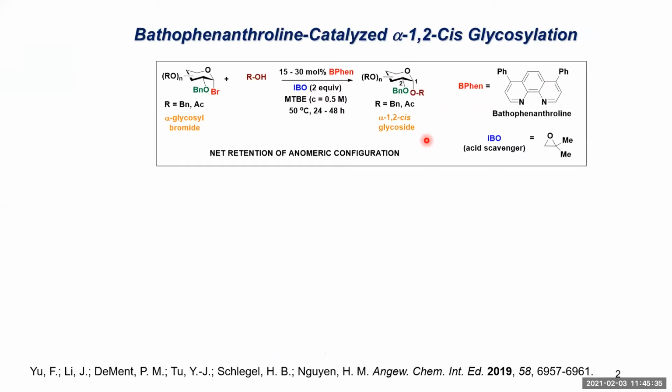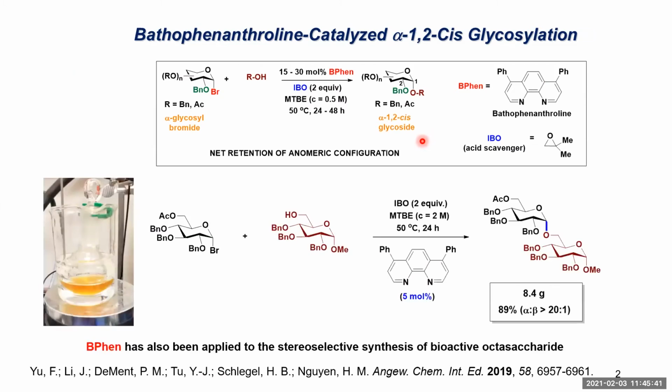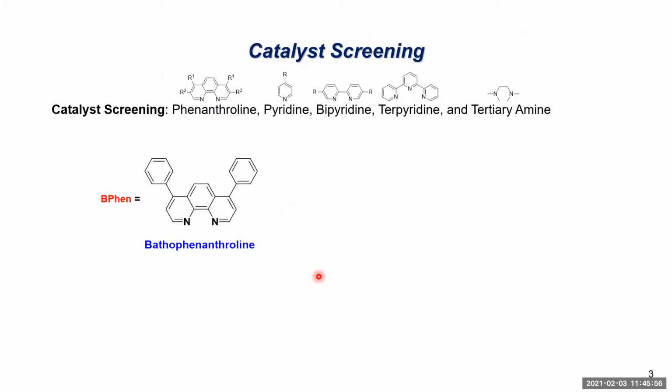In our paper, we showed many examples of couplings with a variety of sugars, we showed a gram-scale reaction using the catalyst, and we also used this catalyst to synthesize an octasaccharide.